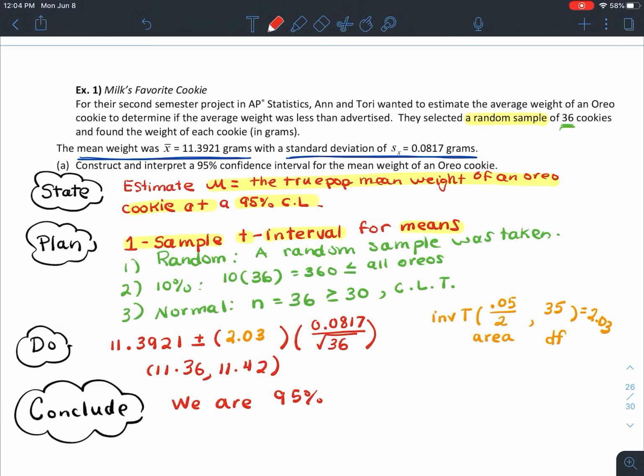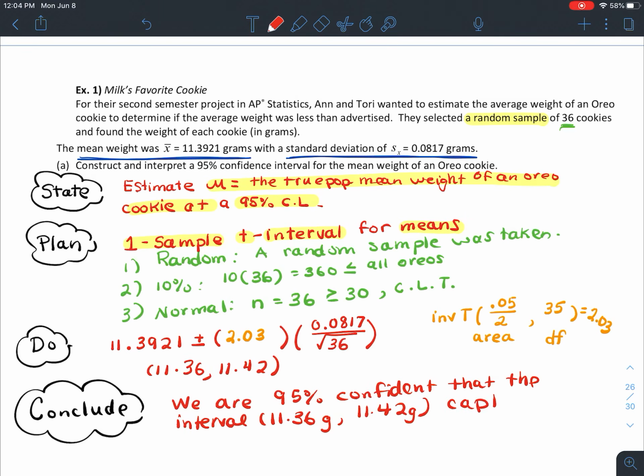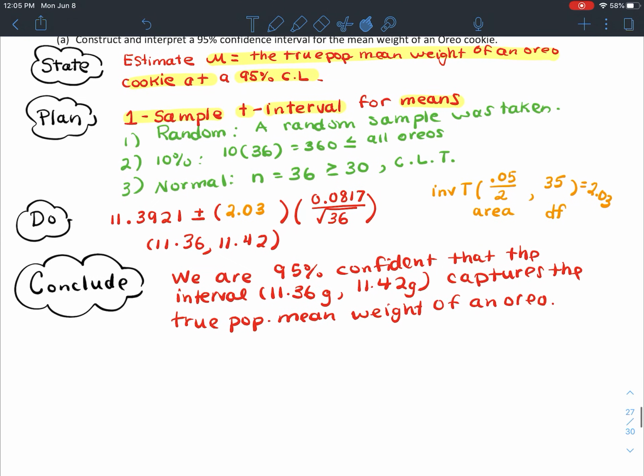And it starts out, we are 95% confident that the interval of 11.36 grams to 11.42 grams captures the true population mean weight of an Oreo.